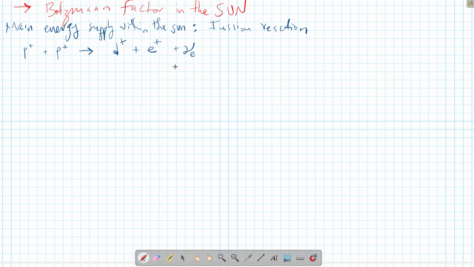I assume that we know what a proton is. A deuterium is a state made of a combination of a proton and a neutron. So D is a state with a positively charged proton and a neutron, which is neutral, combined together.